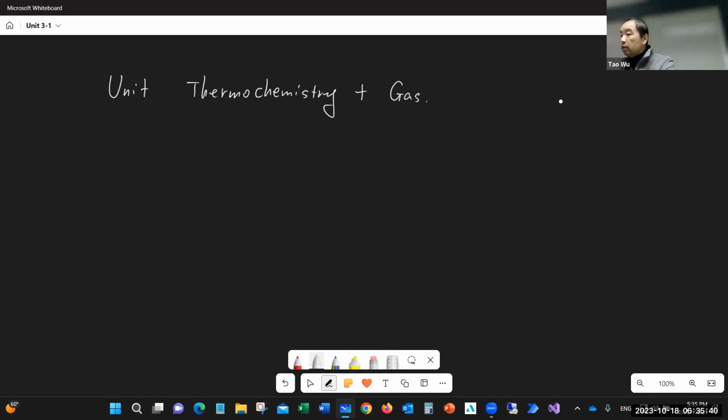So that's why this is a little bit harder. And the gas unit just talks about ideal gases, and they all involve a lot of calculations. So in general, in thermal chemistry, most cases are calculations.